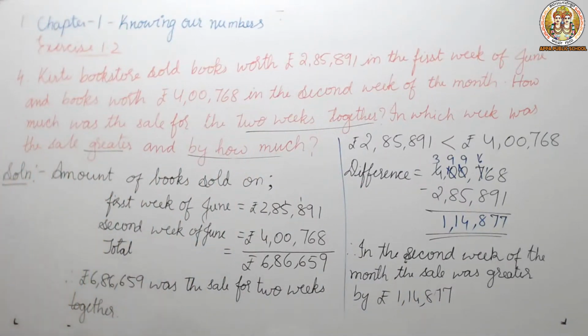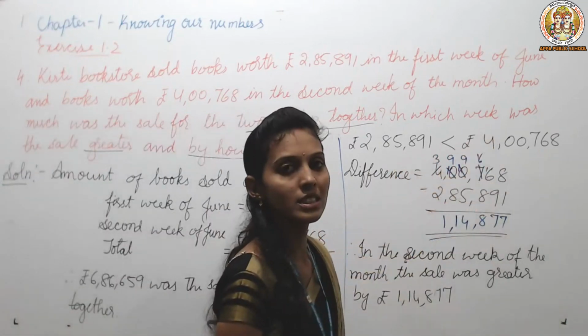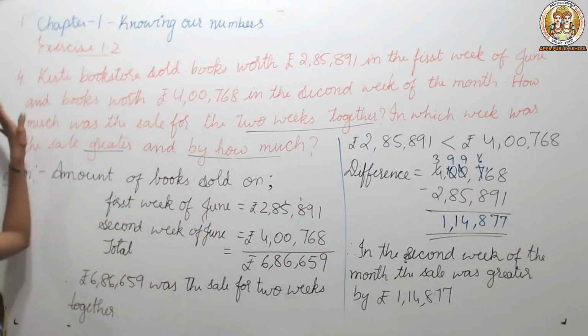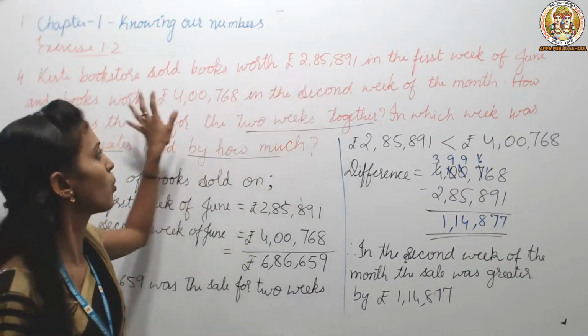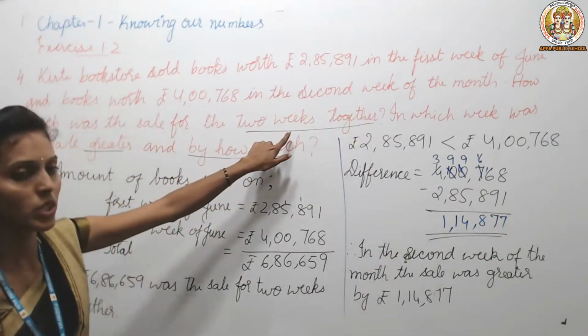See how many operations we have done? Addition, subtraction, and this is comparison, right? Understood? See, in a bookstore, the amount of books sold has been given. They asked the sale for 2 weeks together.